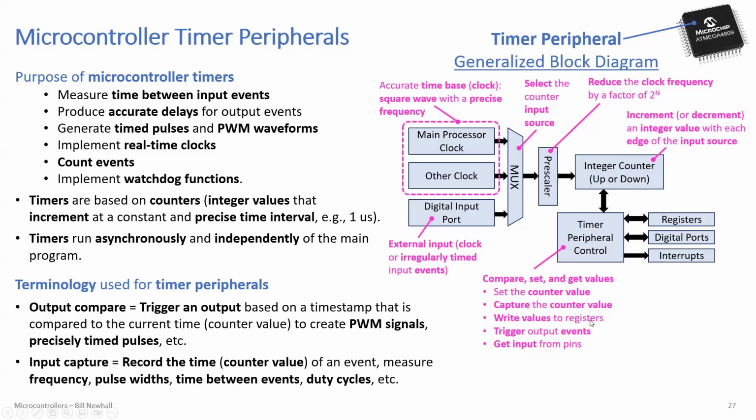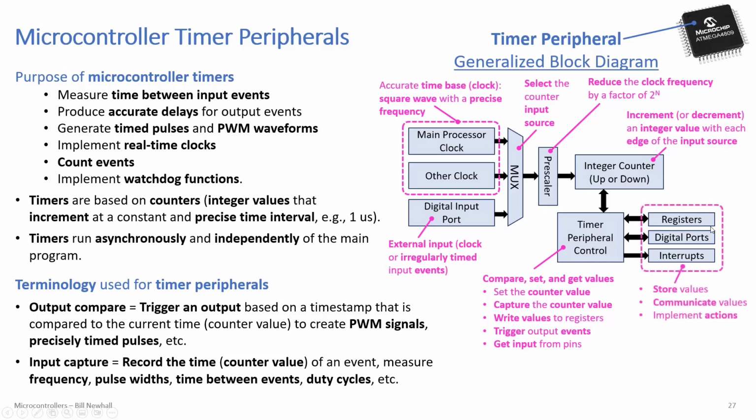You could write values to registers that control the timer peripheral, or you can trigger output events. You can make things happen on external ports or make things happen in software. And you can also get input from the pins. Okay, so that's a peripheral control there.